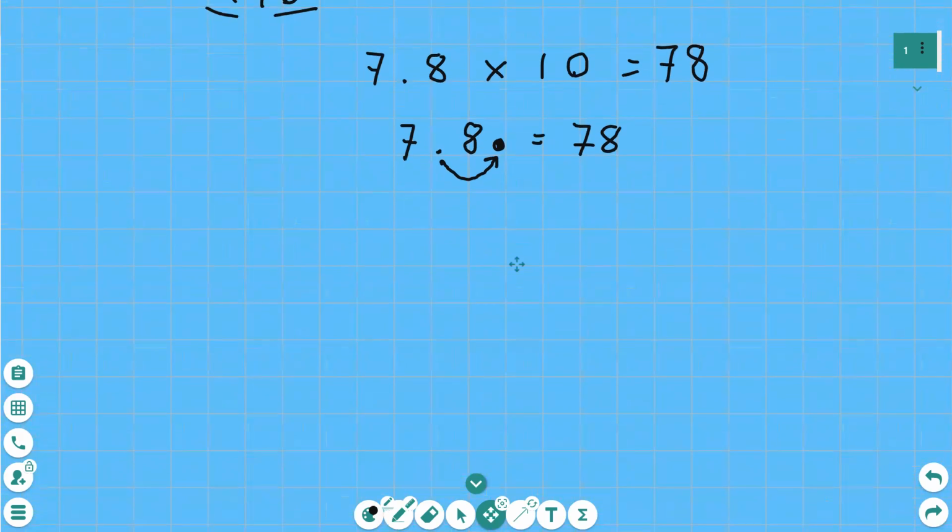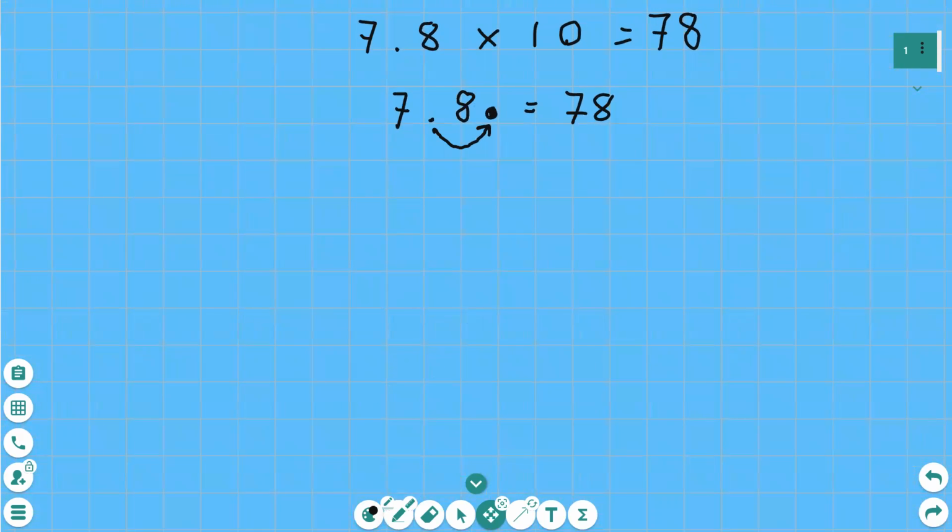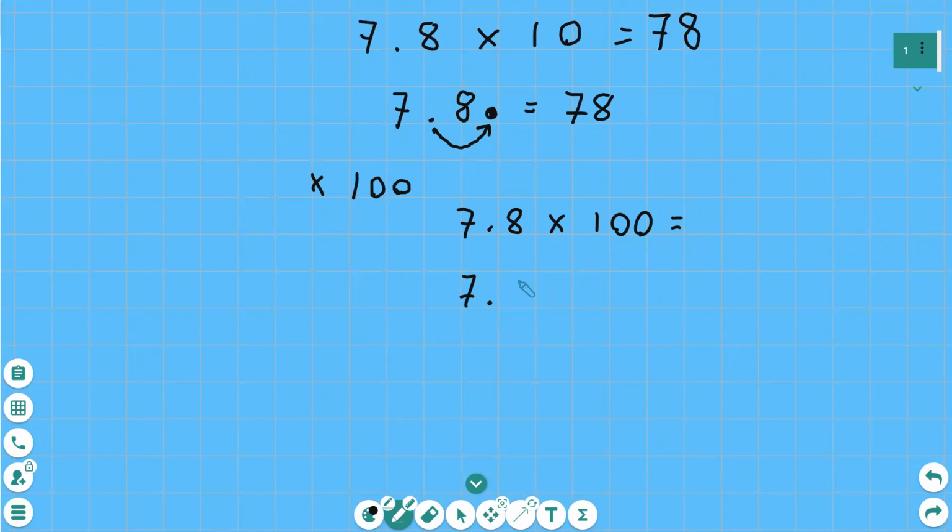So if we want to multiply by 100, 7.8 times 100. There we are, we've got a 7.8 there. Well, there are 2 zeros in 100, and this tells us the decimal point is going to move 2 spaces.